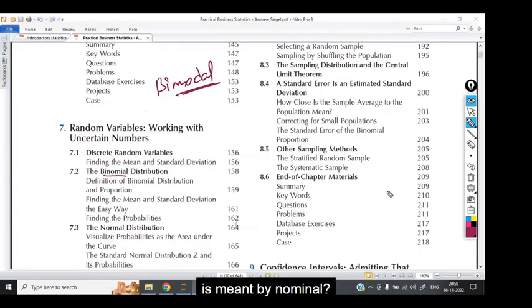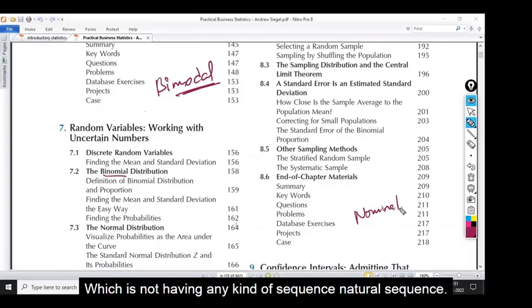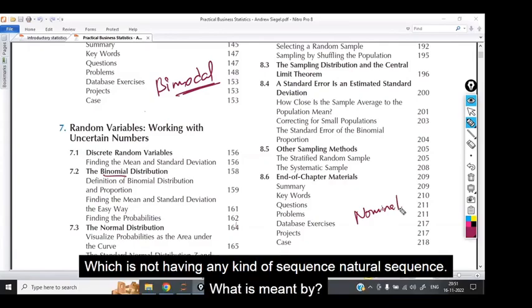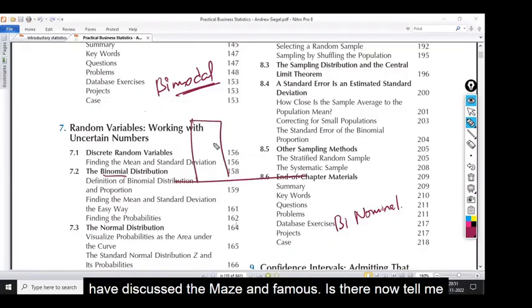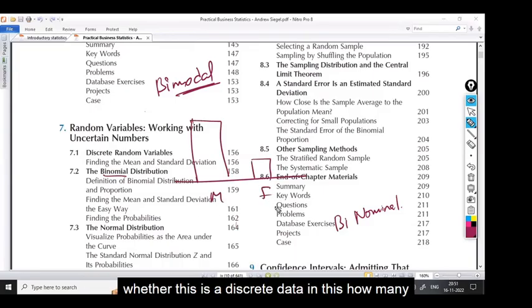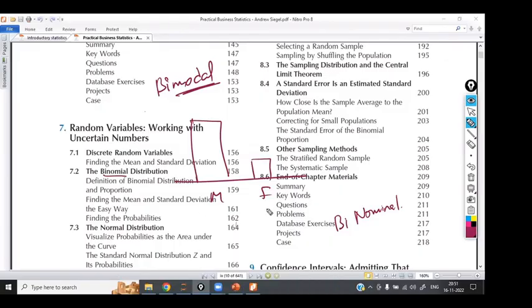Binomial. What is meant by nominal? What is meant by nominal data? Which does not have any kind of natural sequence. What is meant by bi? Bi means two. Like earlier, whatever we discussed, males and females. Now tell me whether this is discrete data. In this, how many categories are there?